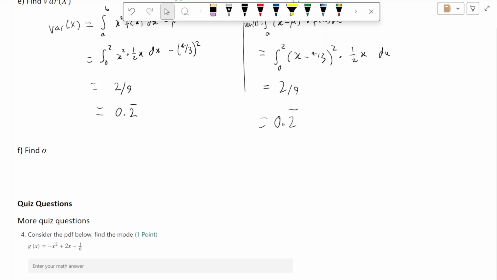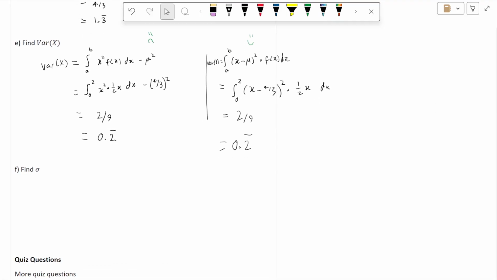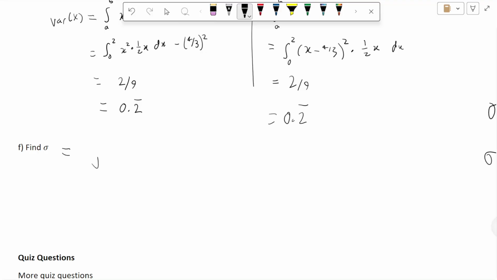Find sigma. So you might not have seen variance before. Basically, the standard deviation squared is the variance, or if you want, the standard deviation is the square root of variance. So that's how those two things are related. So sigma is literally just the square root of the variance, which we just worked out.